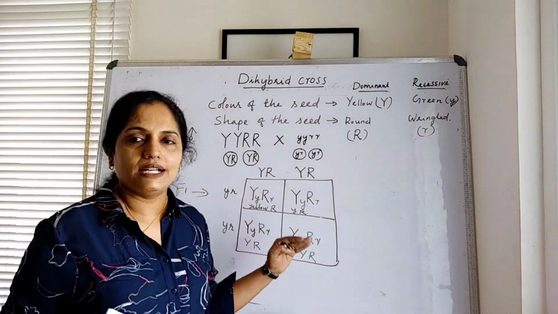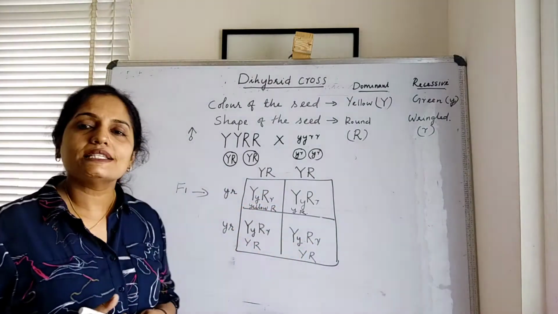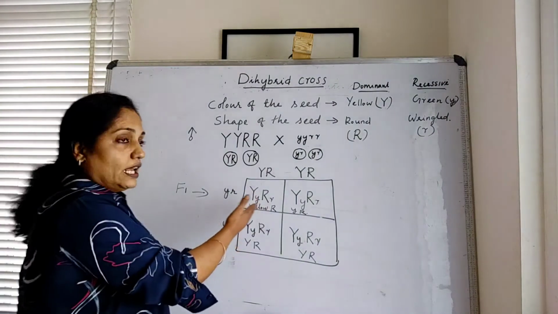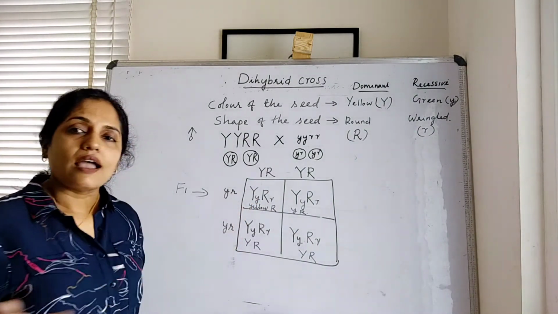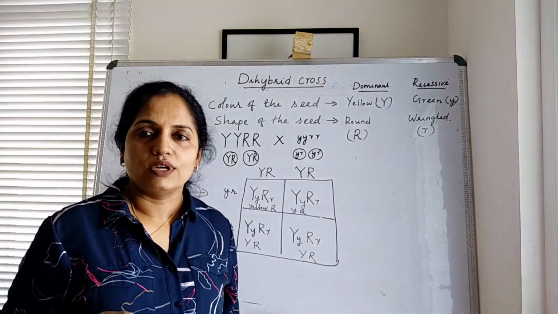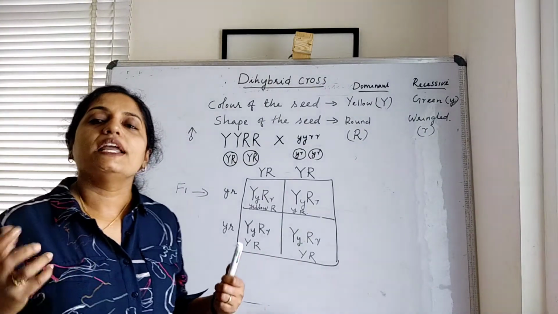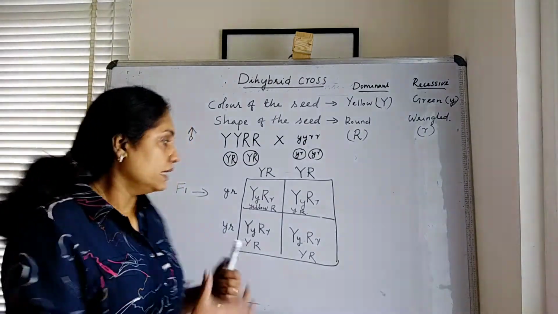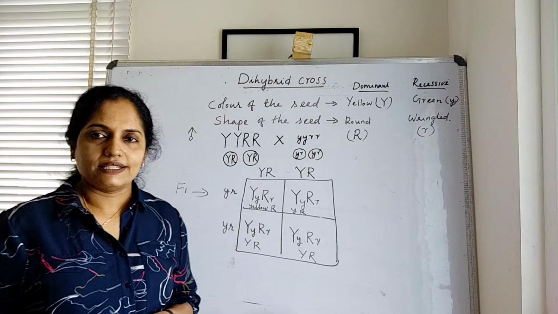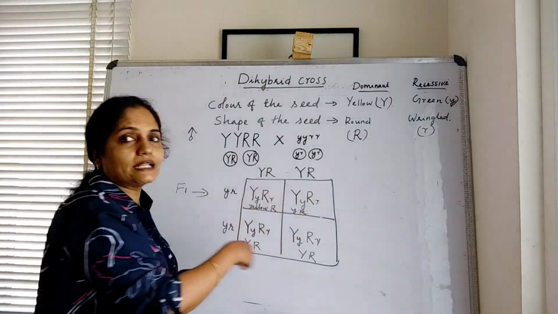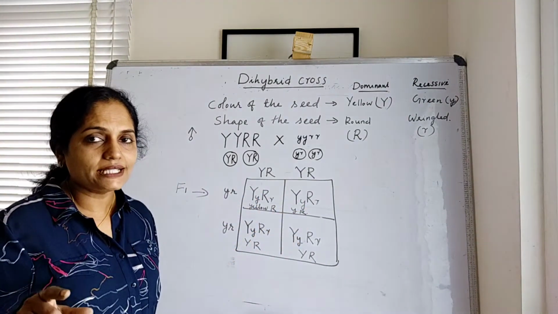In first filial generation, all the progenies are yellow colored seed and shape of the seed was round. They produce round yellow colored seed in the case of F1 generation. But all these plants are hybrid. Why is it hybrid?